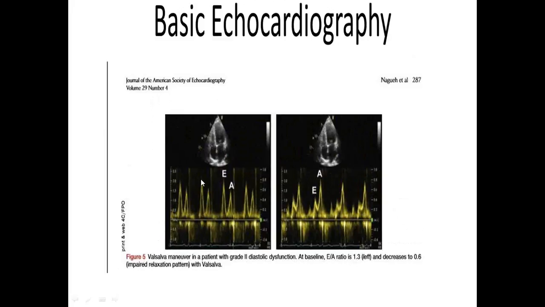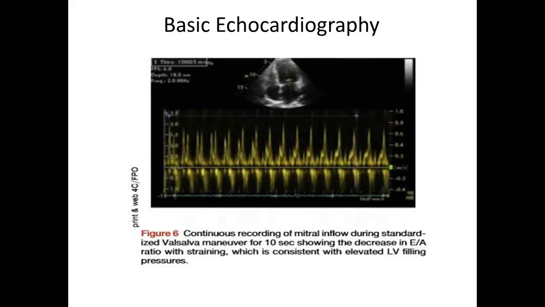And usually these individuals will have grade 2 diastolic dysfunction. This pseudonormal pattern suggests that there's elevated filling pressures. So again, you have a continuous recording of the mitral inflow during the standard Valsalva maneuver, the strain phase, for 10 seconds, showing the decrease in the E to A ratio with straining.